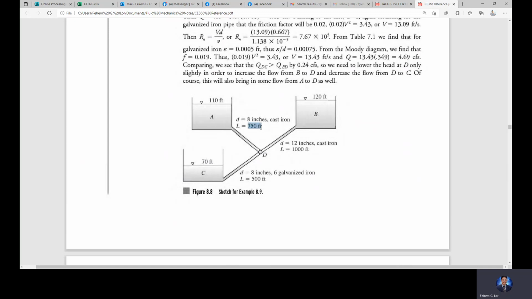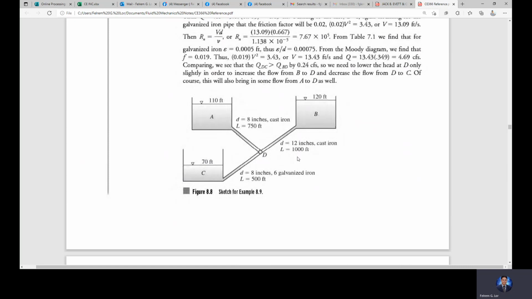It has a length of 750 feet and a diameter of 8 inches. Then from B to D, cast iron, 12 inches, 1,000 feet. And then from D to C, it is connected with a galvanized iron pipe, 6 inches in diameter, and the length is 500 feet.